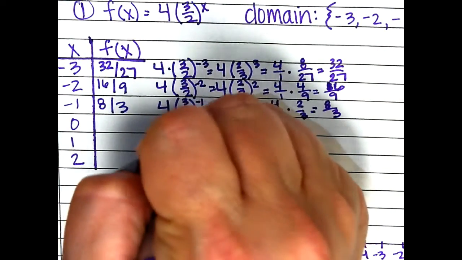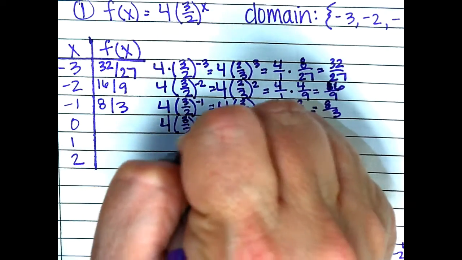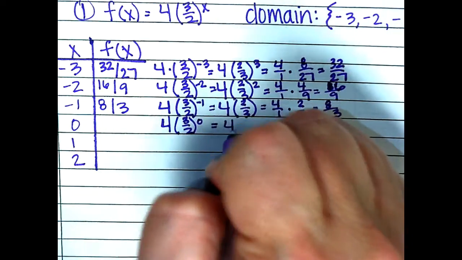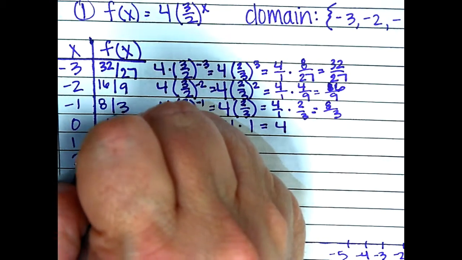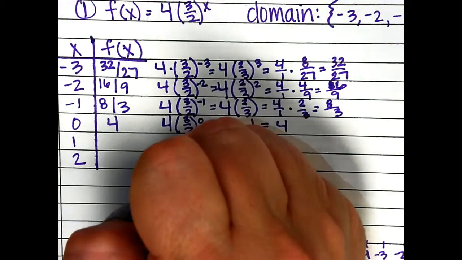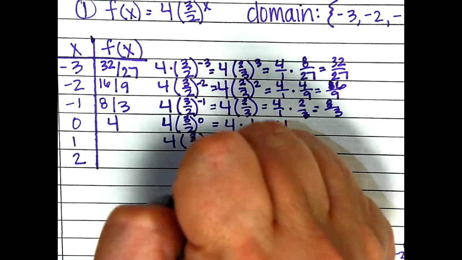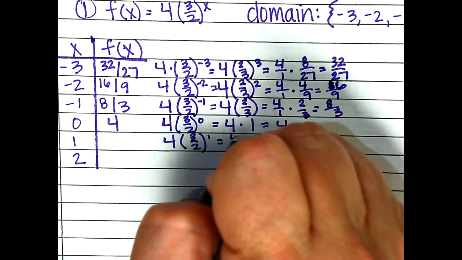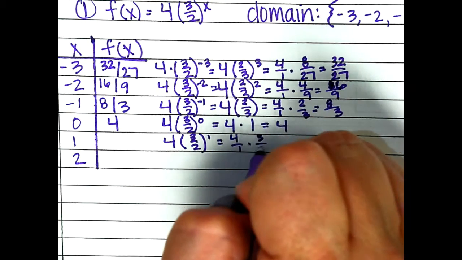So then I have 4 times 3/2 to the 0 power, and anything to the 0 power is 1. So 4 times 1 is 4. And then to the first, so I have 4 times 3/2 to the first, which is just 3/2.